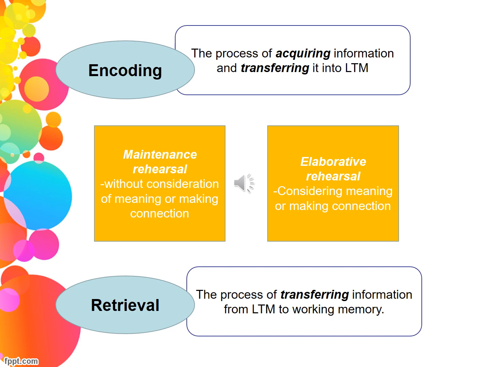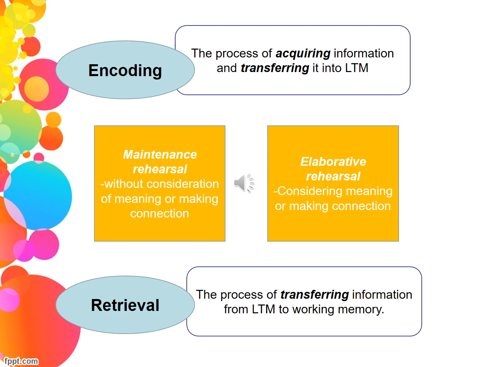After that, when we pay attention to this information, it will transfer to the short-term memory, but it will only last for 15 seconds. And after several techniques that help us to practice, this information can be transferred into long-term memory. That process is what we call encoding.